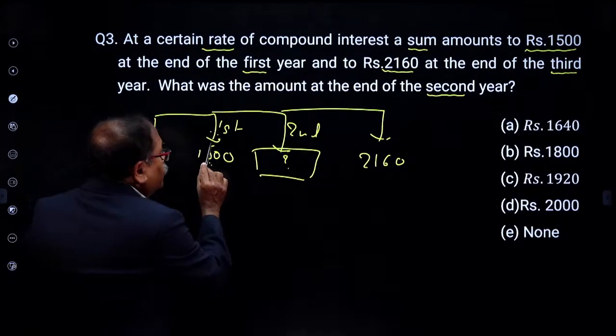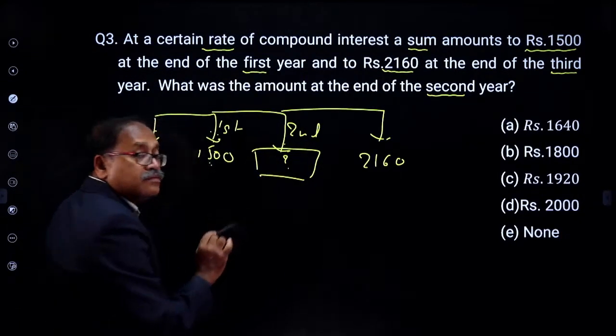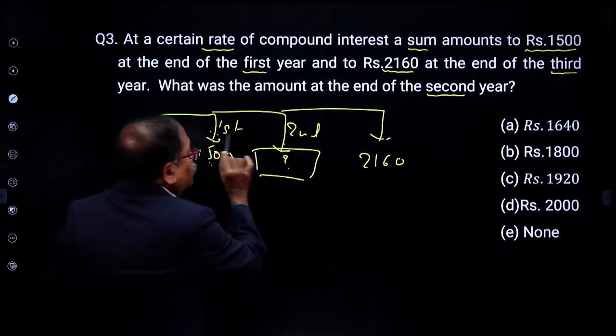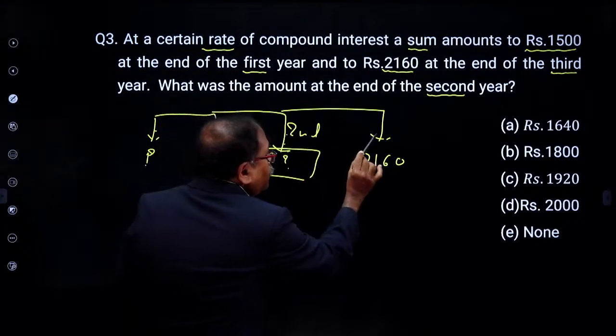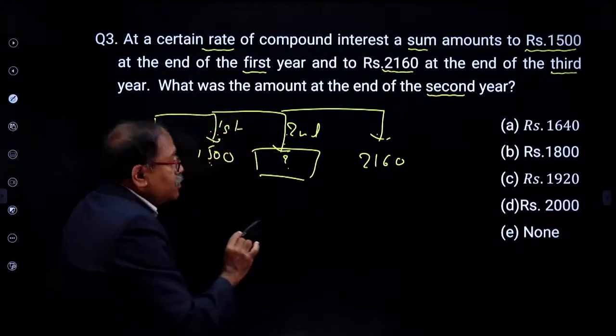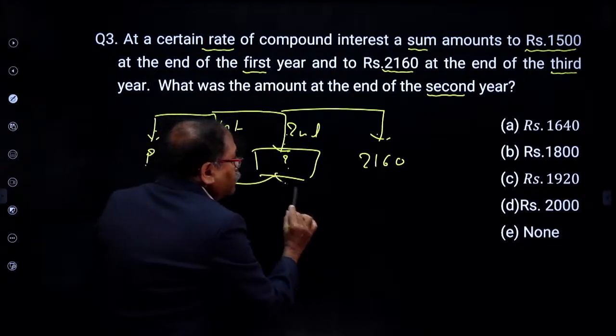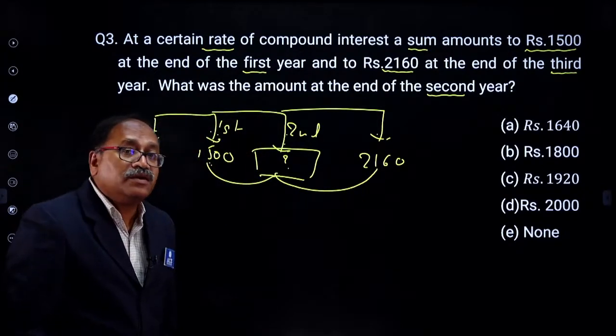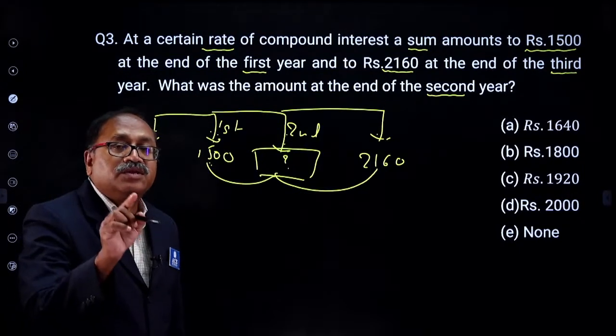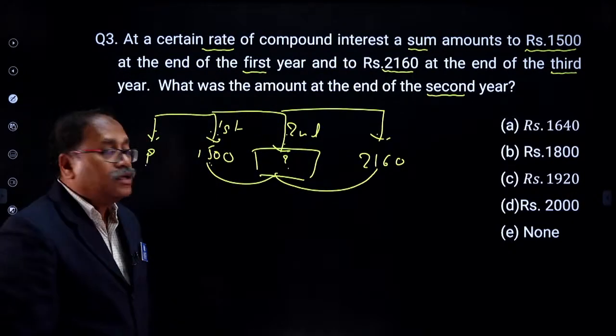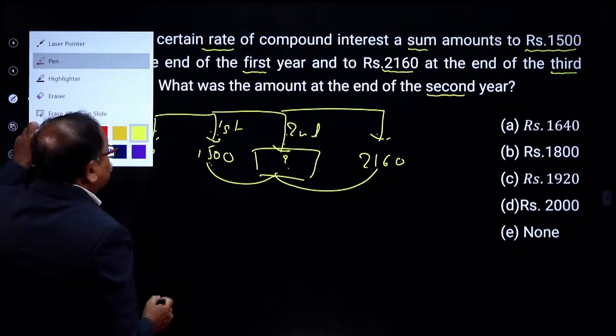Now, if the time period from 1500 to this x is the same, that is 1 year, then from here to here, this is also 1 year, and the ratio from here to here will be the same as the ratio from here to here. Once you know this property of compound interest, see how simply you can answer this question.